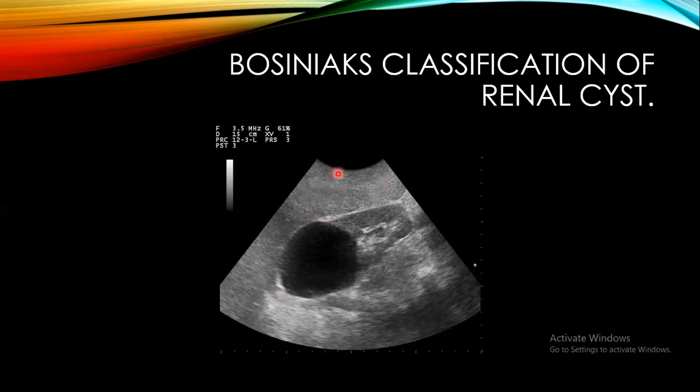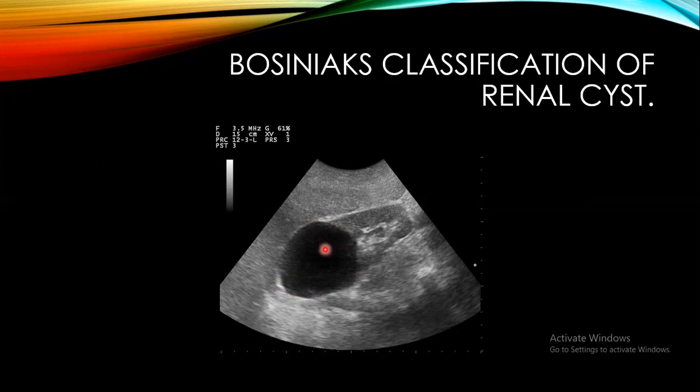Bosniak said that in the classification of four grades, for Bosniak 1, the cyst is circular, regular, with no echogenicity within the cyst, and these cysts are usually benign and non-suspicious. How do we treat this cyst?